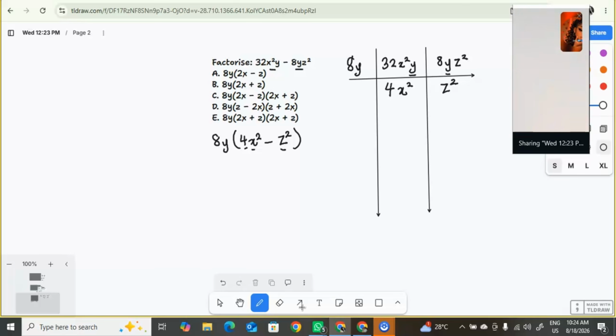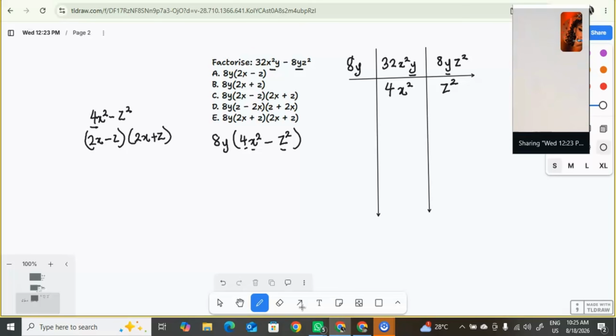And what does the rule of the difference of two squares say? If you have 4x squared minus z squared, the easiest way to represent this is square root of 4 is 2, square root of x squared is x, minus square root of this is z. So this makes the first bracket, and the second bracket will be 2x plus z.